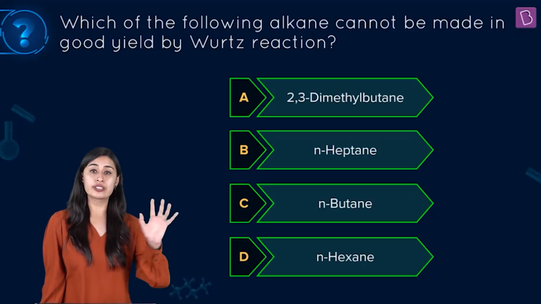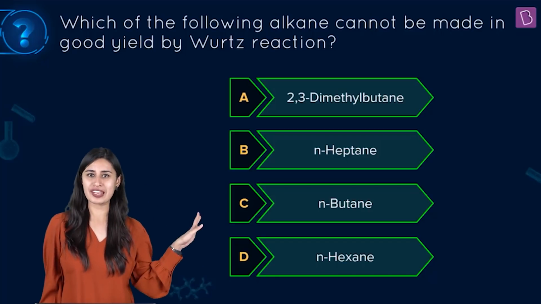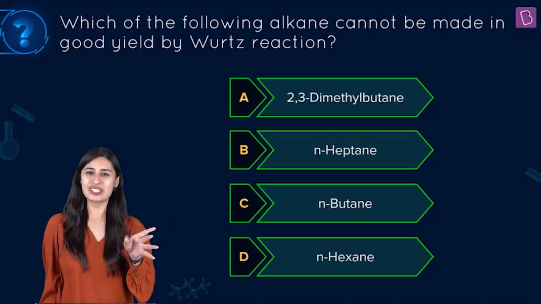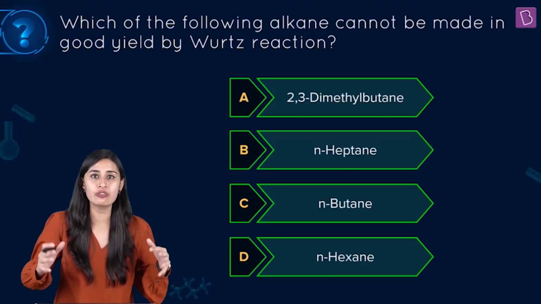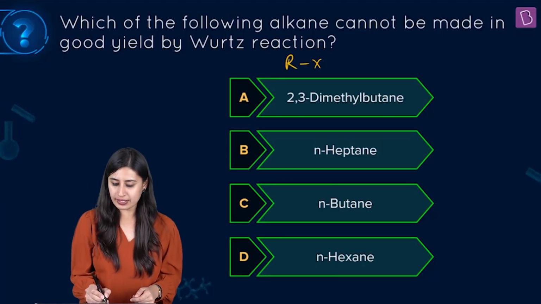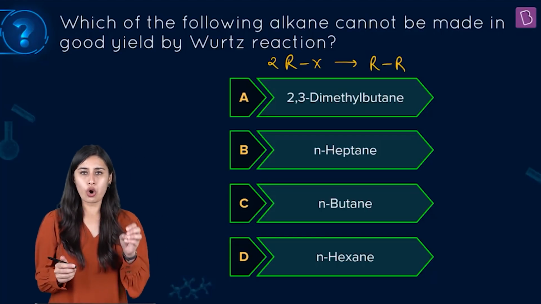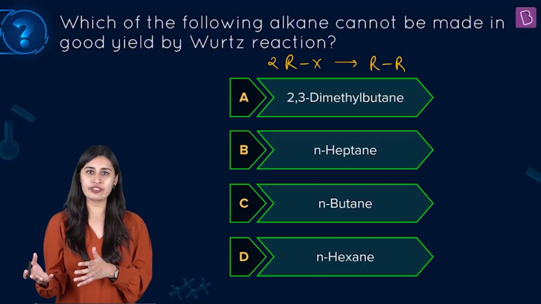If you know Wurtz very well, which I'm sure everyone knows very well, the Wurtz reaction is famous for giving you a product which has an even number of carbons. Why? Because if I'm talking about RX, write 2 moles of it, it is going to give you R-R. So odd plus odd gives you even, and even plus even anyhow will give you even.